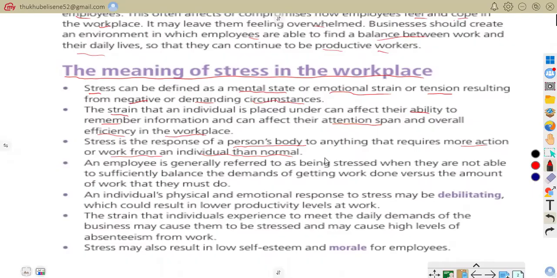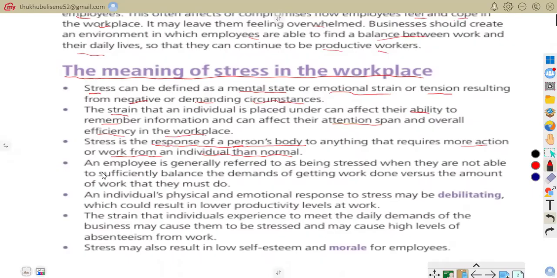We're talking about the tiredness and the headaches you will have during the busy period. That is what this point means when talking about the response of a person's body. Hope you're together, good people.